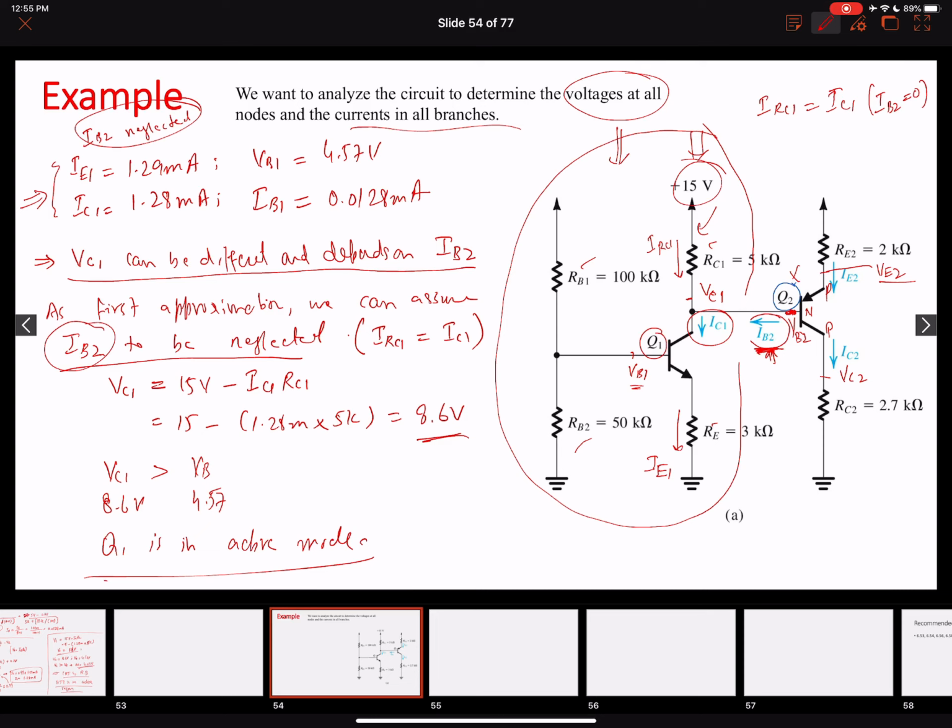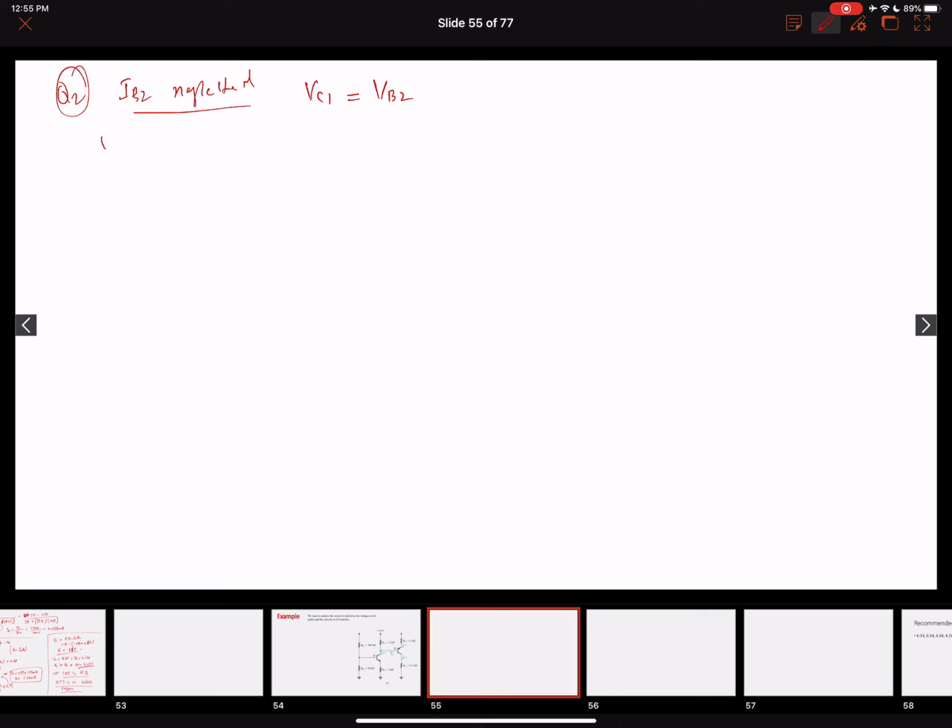Now we need to find the emitter voltage, VE2. We know that VEB2 should be equal to 0.7 volts, which is VE2 minus VB2. I know the value of VB2, so 0.7 plus VB2 equals VE2.